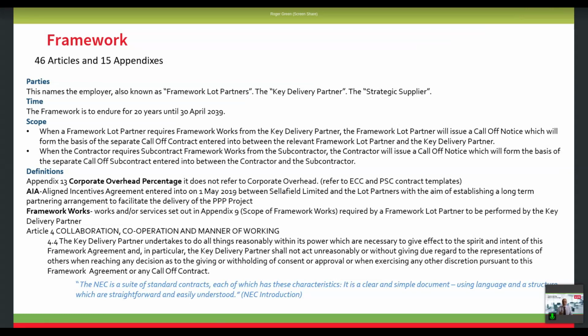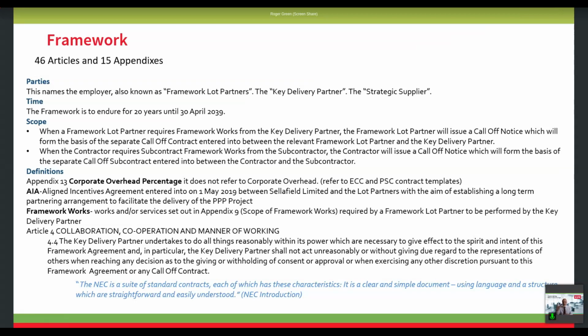Some key parts to this are around definitions. So again, being commercial, we have to do what it says on the tin. If the contract is describing something, you need to take particular attention of that. So in Appendix 13, there is something now called corporate overhead percentage. It doesn't refer to it as a corporate overhead.